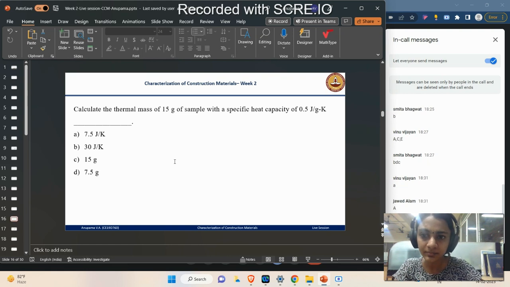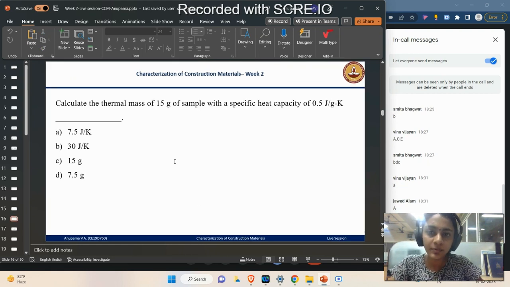Question is pretty simple. 15 gram of sample which has a specific heat capacity of 0.5 joule per gram Kelvin, calculate the thermal mass of the sample. Shall we move to the correct answer or should I wait for a few more seconds?